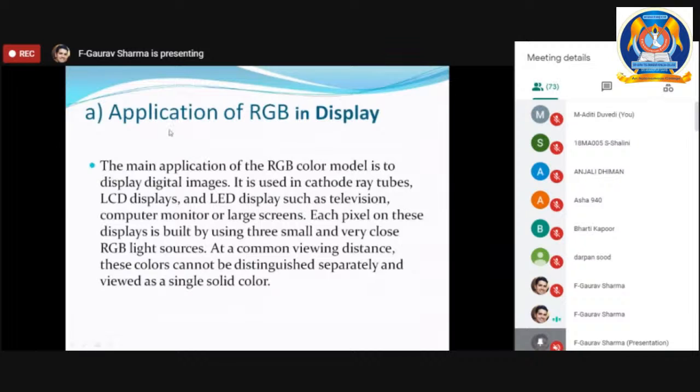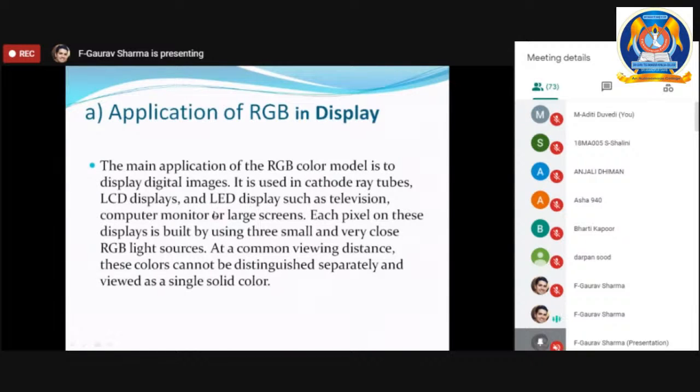The various colors on this monitor are just the combination of these 3 colors in the correct way, so that I can view that particular color in 1 pixel. Now 1 pixel is a small part of the screen, and the combination of all pixels gives the full screen, right?